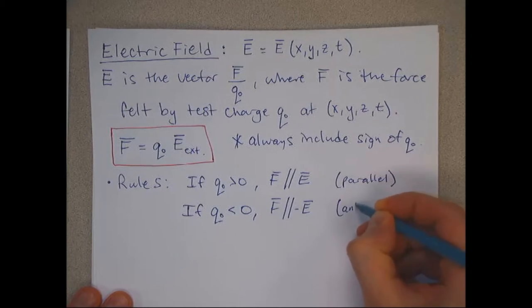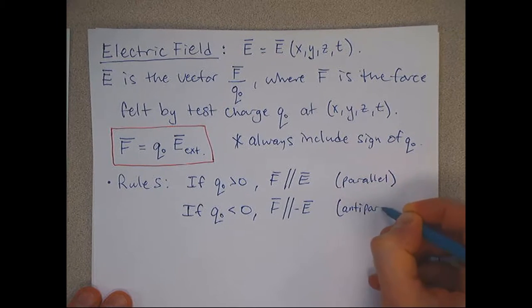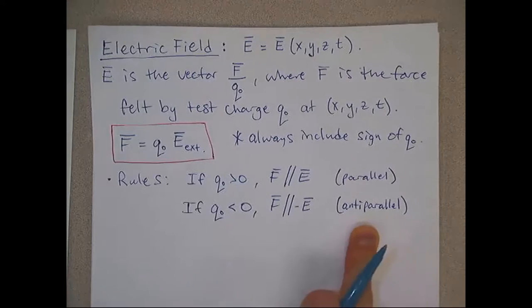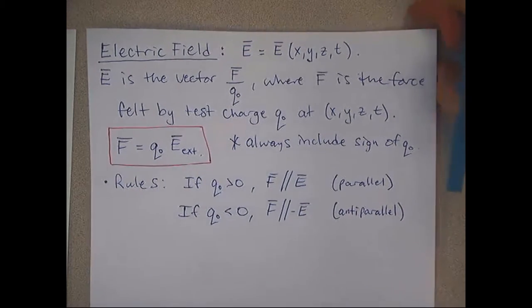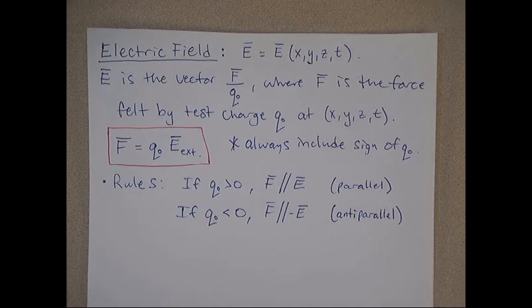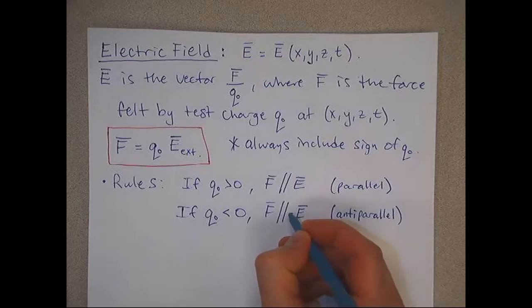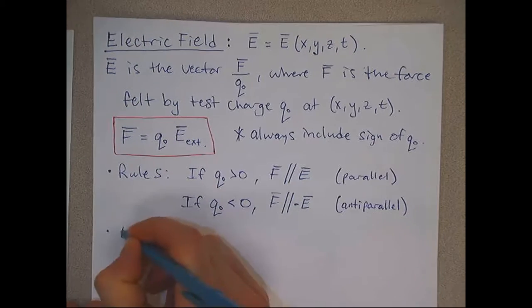Another way of stating this, I'll use this term in class: we want to make sure that you do not believe anti-parallel means perpendicular. It is not perpendicular. It is parallel to the negative of the vector E.